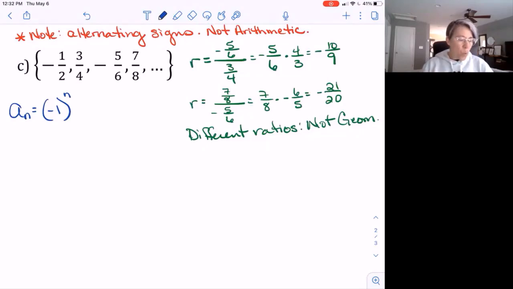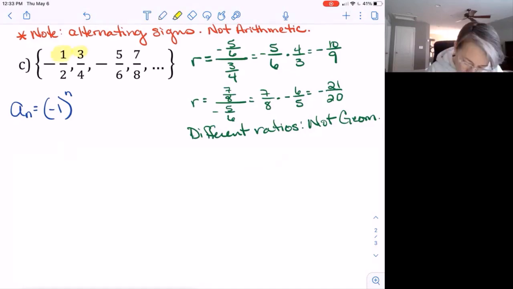Now we got to figure out what kind of pattern is going on. Well, even though the whole piece isn't arithmetic, let's look at the numerators and the denominators separately. 1, 3, 5, 7. What's happening with those numbers? Notice they're all odd, which in itself is arithmetic. You're adding 2 every time to the top.